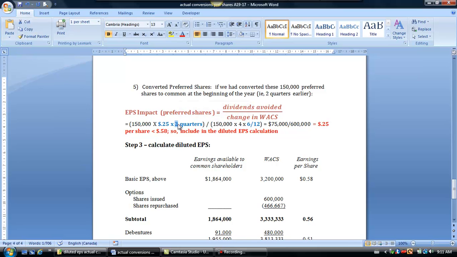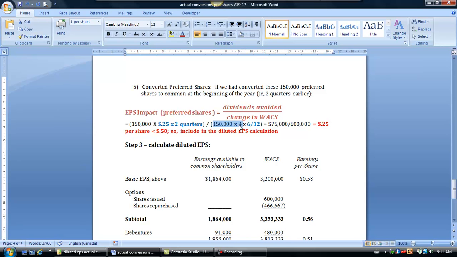That's the quarter from January 1st to March 30th and April 1st to June 30th. Those are your 2 quarters. So I would have avoided dividends of $75,000, and I would have issued an additional 150,000 times 4, because don't forget, each share is convertible into 4 common.